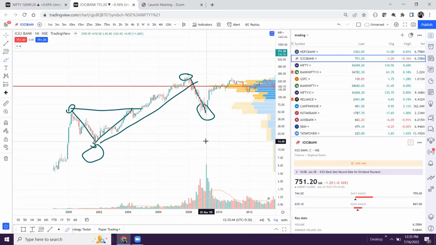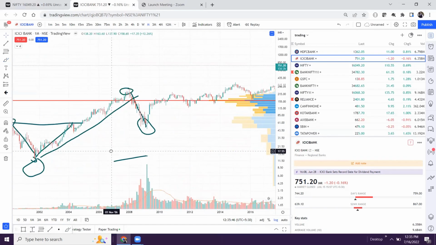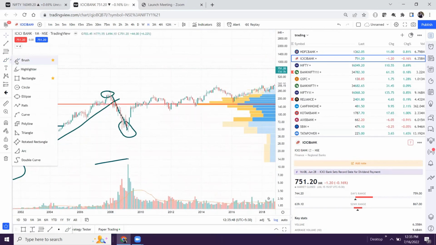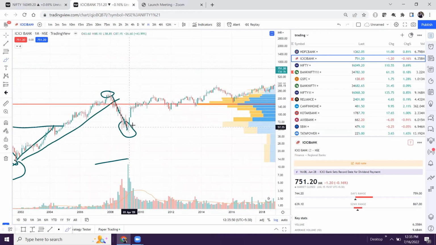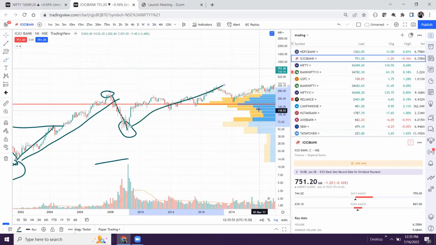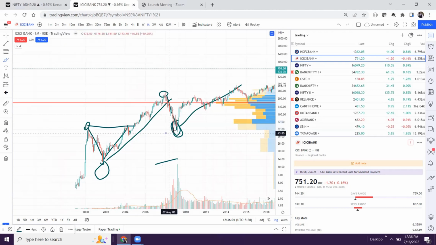Once this high is again taken out, you can see, at this point this high is taken out. So at this point the stop loss gets raised to this point, because now this is the new higher low. Previously this was the low, now this is the low because this high is again taken out.